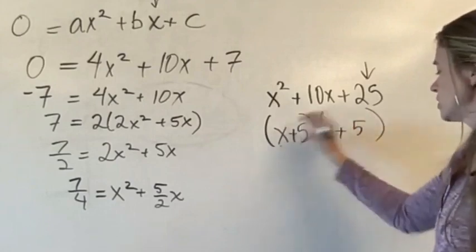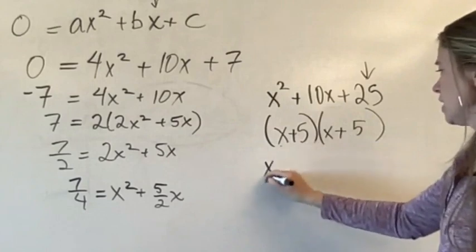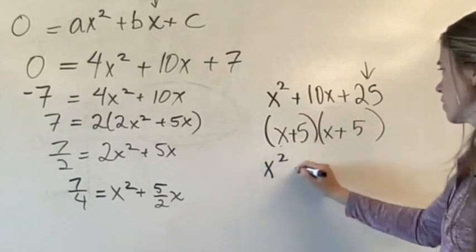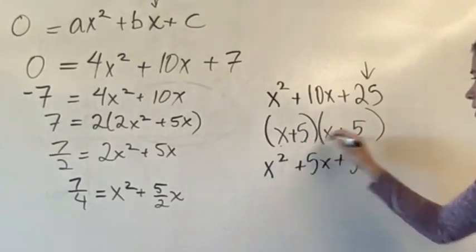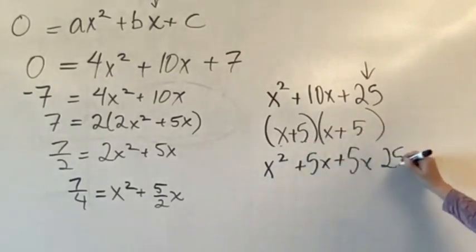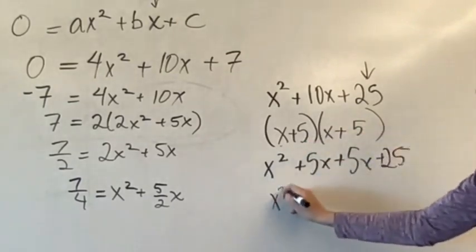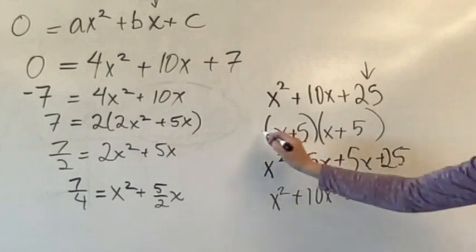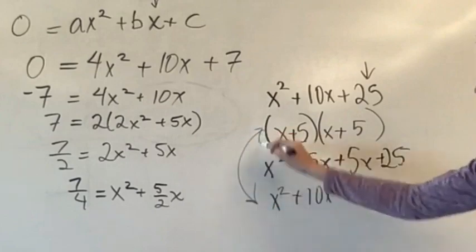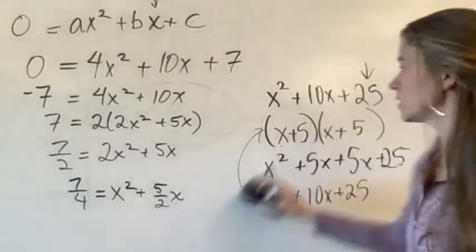If you distribute this out or FOIL it, you would say x times x is x squared plus 5x plus 5x plus 25, and then x squared plus 10x plus 25. So you can see that this equals this. You're like, well, that's fine. You just made that one up.